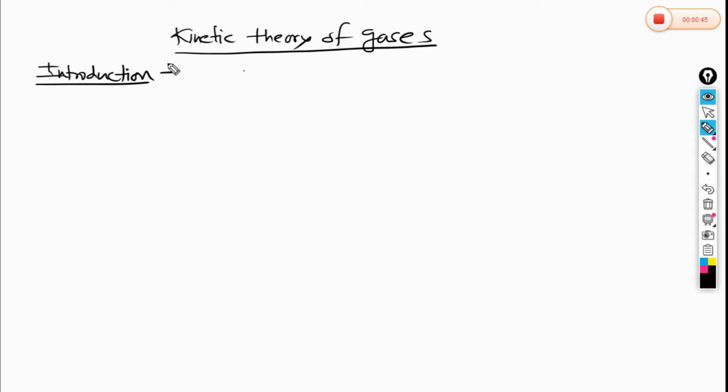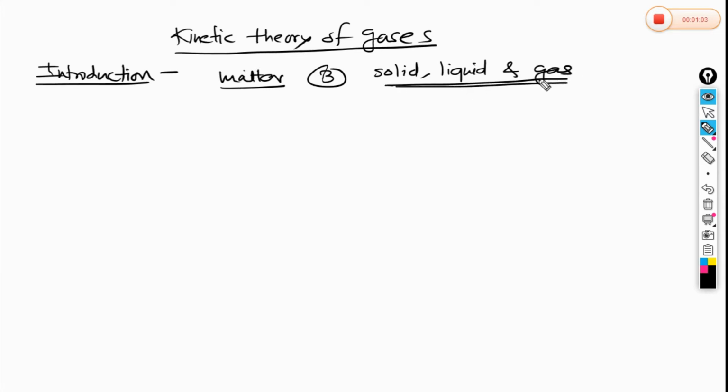We know the matter exists in three forms. Which are these three forms? One is solid, second one is liquid, and third one is the gas. These are the three forms of matter.